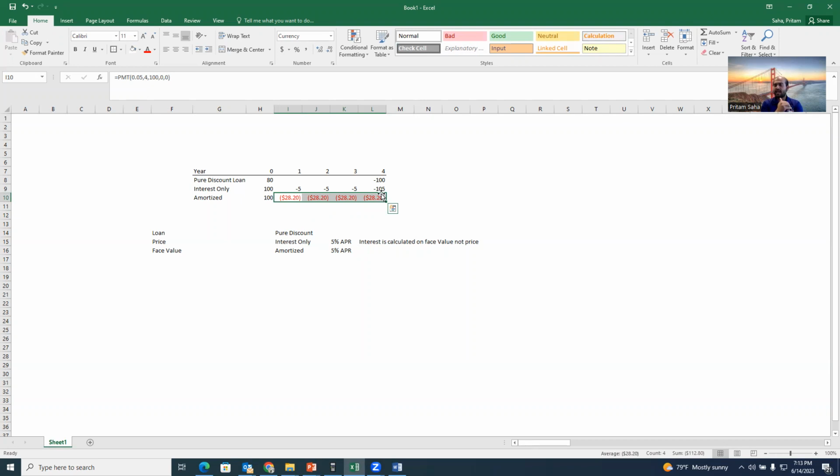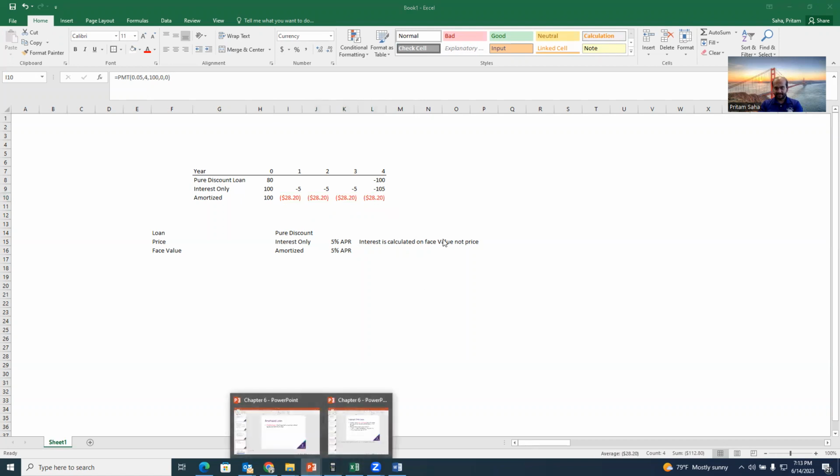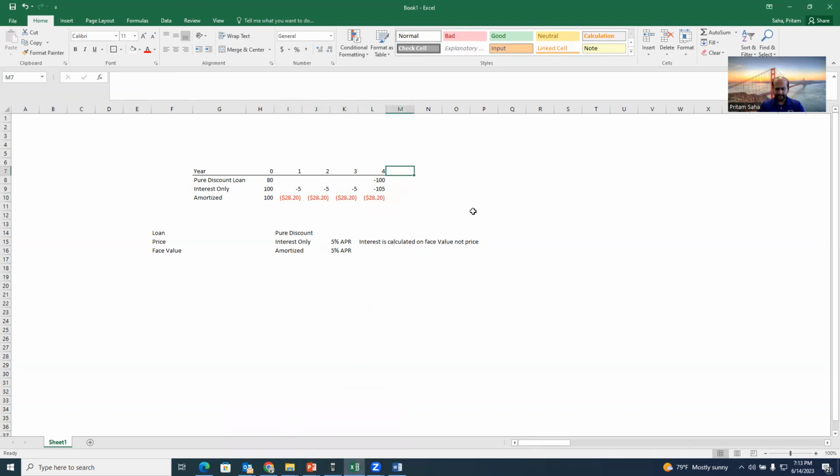Discount, interest only, amortized. So these are the 3 different types of loan. Now some examples. If you look at treasury bills issued by the US Treasury, those are examples of pure discount loans.